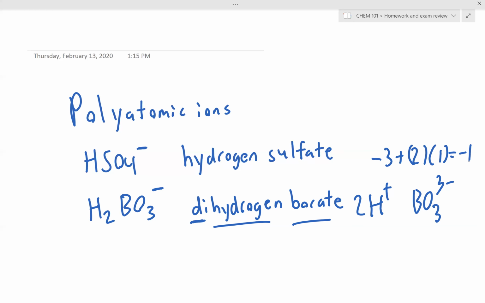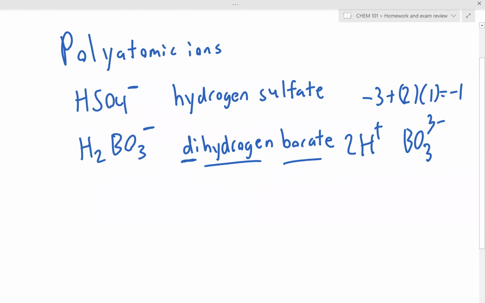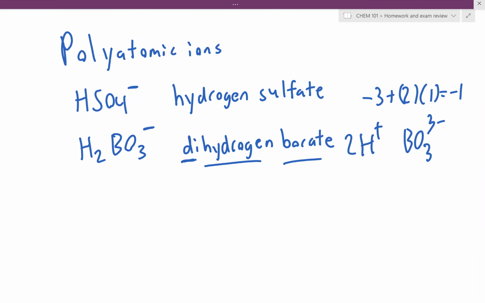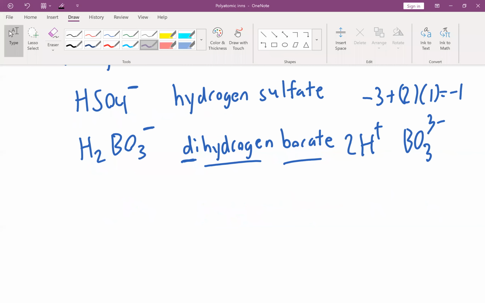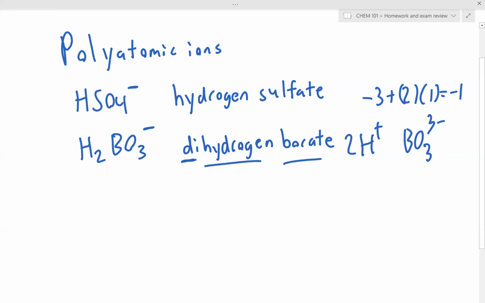So how do we differentiate those from an oxy acid? Ah, yes. So notice how for all of these polyatomic ions, they have what common feature? What common feature do all of these polyatomic ions have? A charge. Exactly. So for acids, they're neutral.